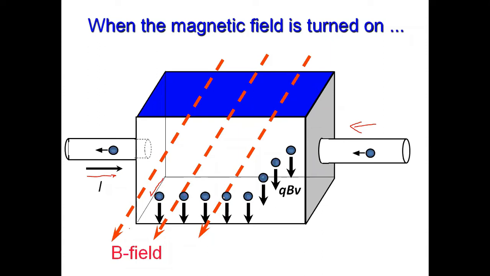In the previous slide, we observed that the force on that moving charge is QVB sine theta, and theta is the angle between the direction of velocity and the direction of the magnetic field. In this particular setup, current and magnetic field are perpendicular to each other, or the velocity of the charges and magnetic field are perpendicular to each other. As a result, theta is 90 degrees and sine theta is 1.